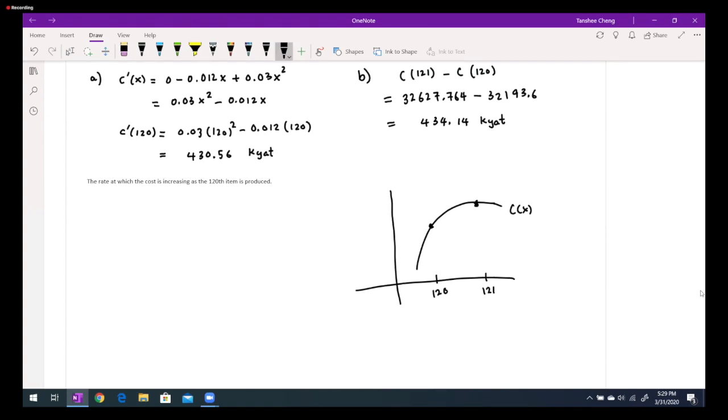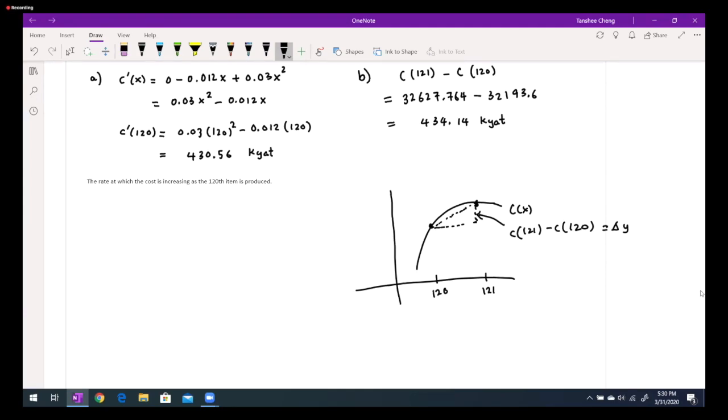So, these two values, when we talk about the change in y, cost of 121st minus cost of 120th, that is basically the change in the cost.